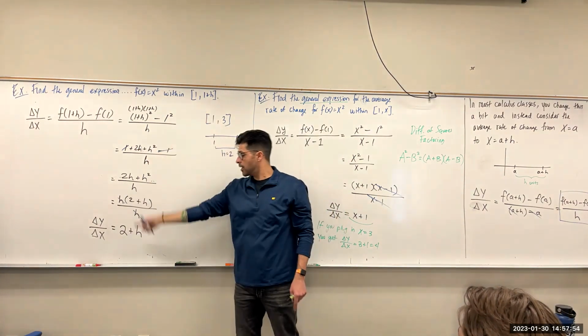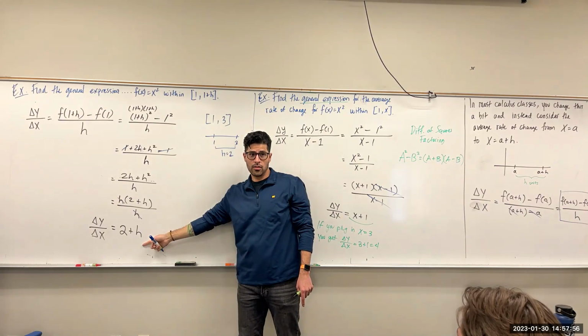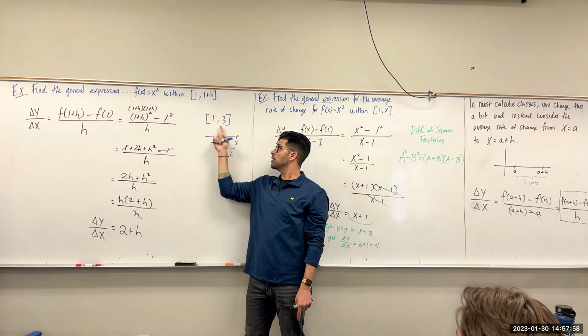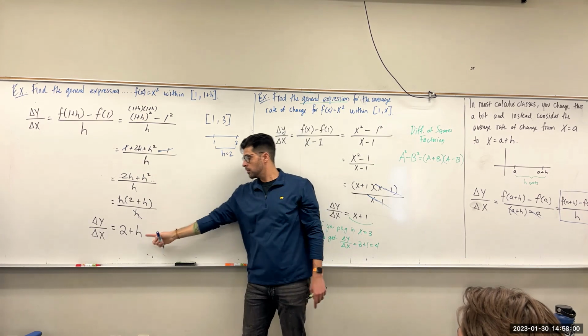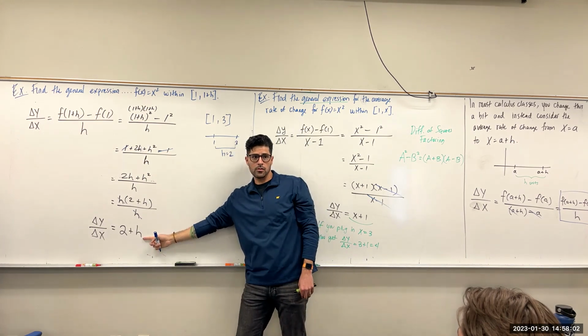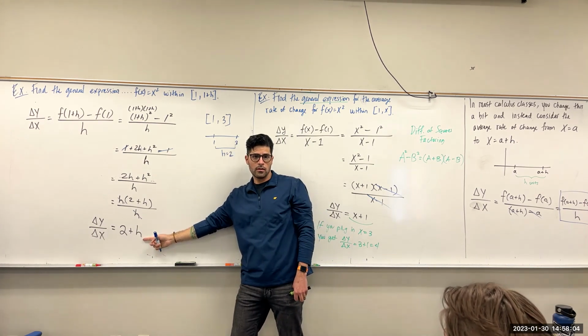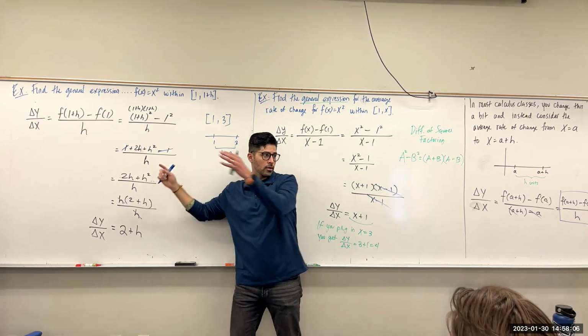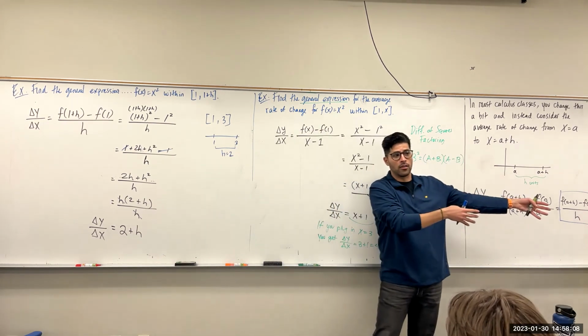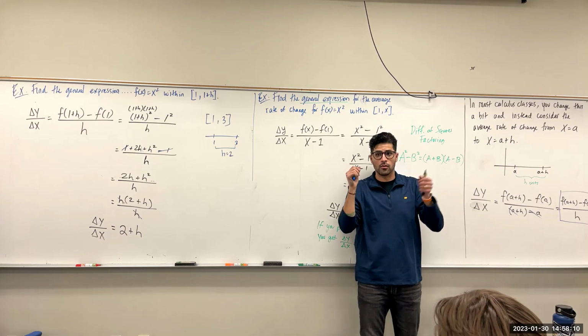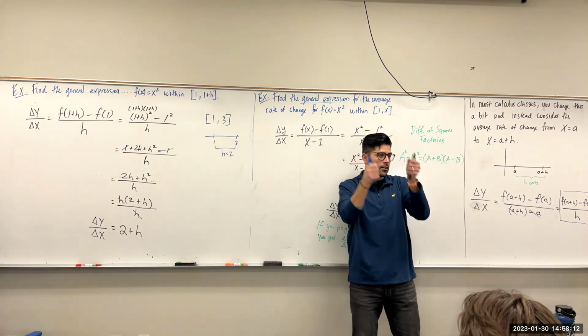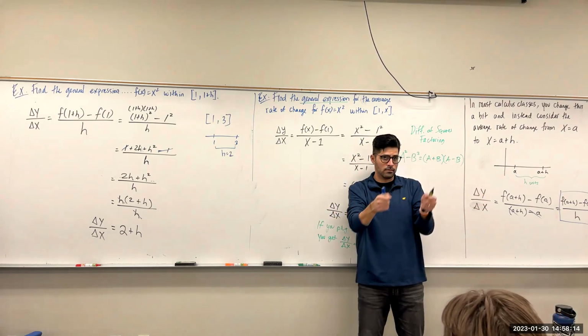So if I want to use this to find the average rate of change, I would plug in the gap between these two x values, which is 2. What happens when you plug in the 2? What's the average rate of change? 4 again. So it's telling you the same story in a different way though. And that's the part that's going to be hard. What you guys need to study is understanding how to use each one.